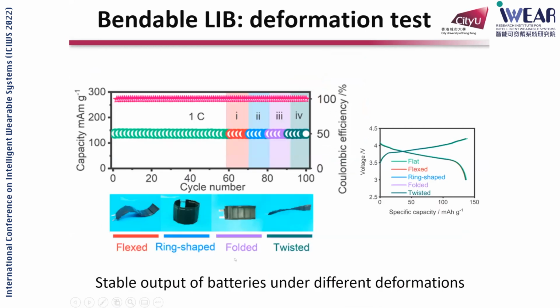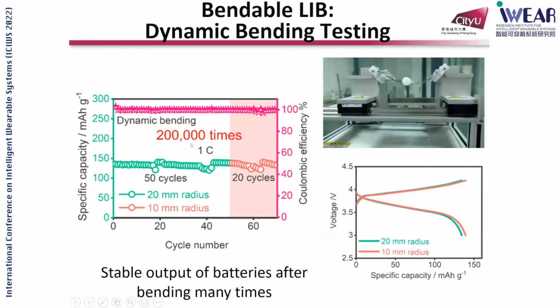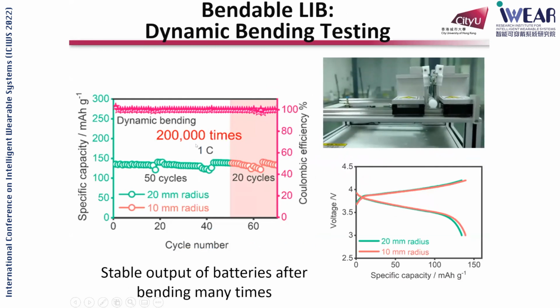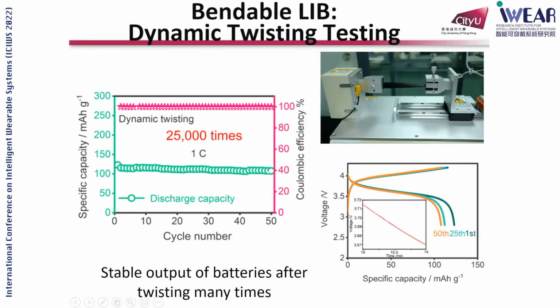So we do different tests, for example a bending test, and for different structures you have very stable capacity retention and overlapped charge-discharge curves. If you do bending even 200,000 times, within 17 cycles the capacity retention is still good, and also twisting 25,000 times.